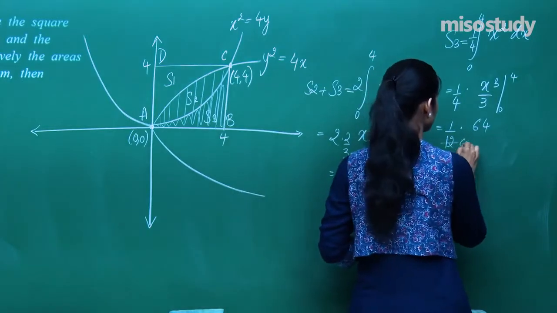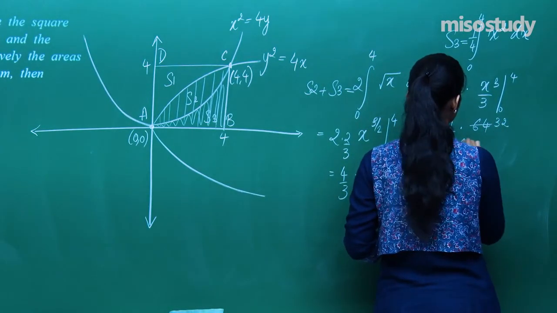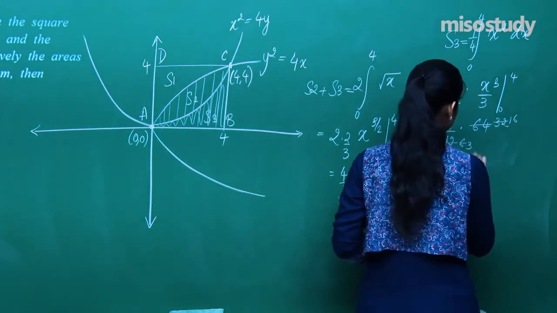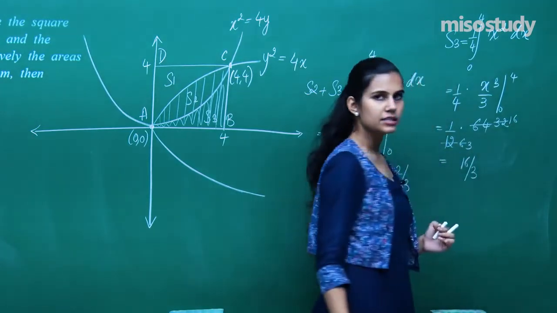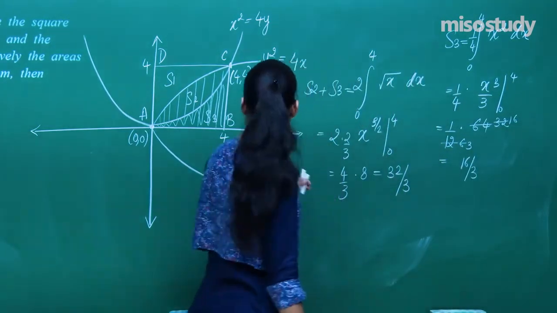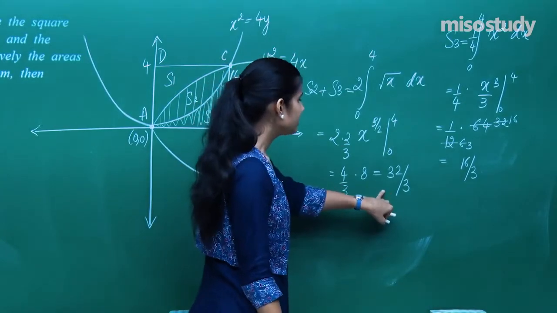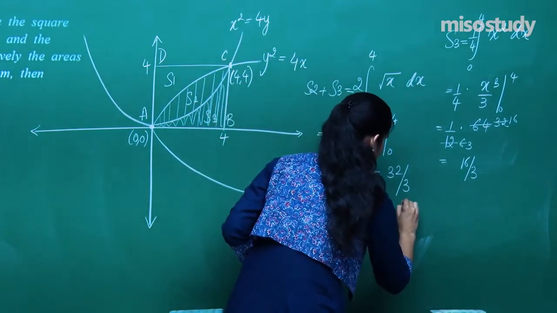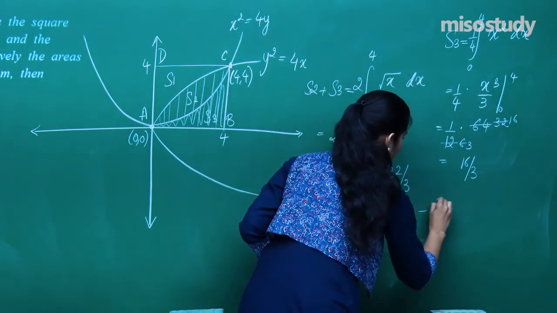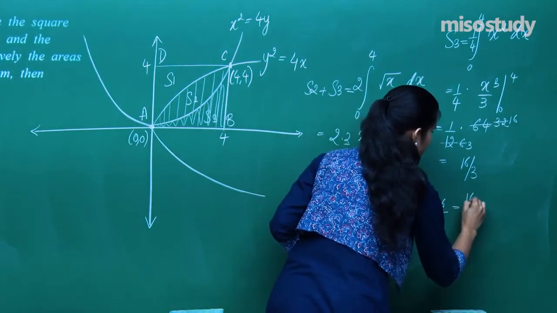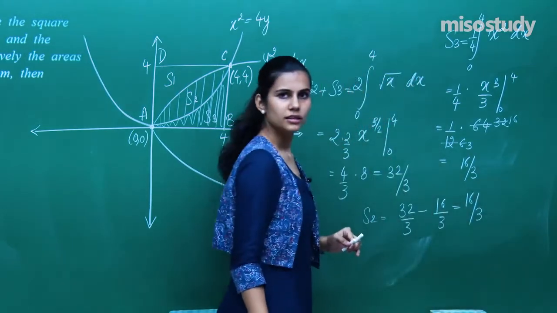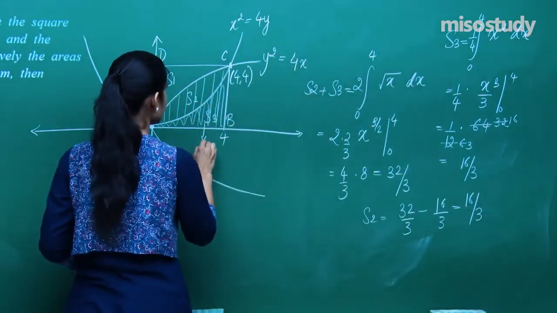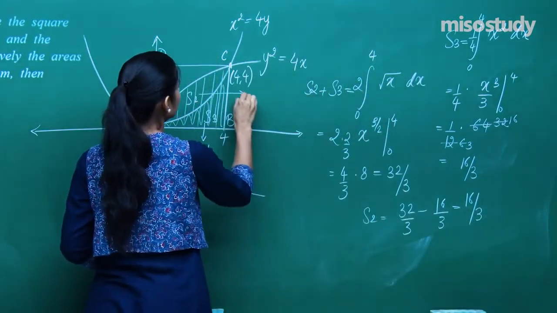Right? Which is 16 by 3 square units. Now S2 plus S3 is 32 by 3, S3 is 16 by 3, so S2 is S2 plus S3 minus S3, which is again 16 by 3, right? So S3 is 16 by 3, S2 is 16 by 3.